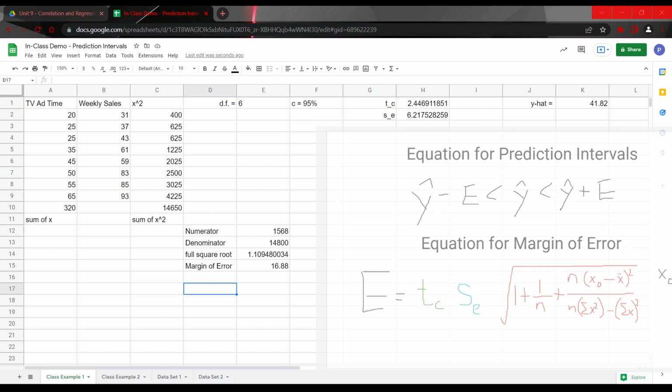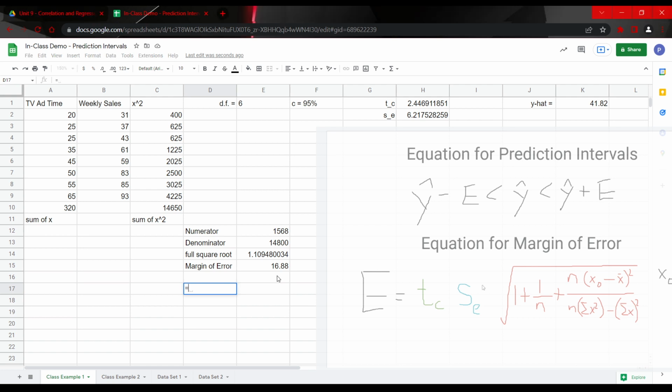And so how I will write my answer will be, on the lower end, it's going to be y hat, which is up here, minus the margin of error. On my higher end, it's going to be my y hat plus my margin of error.